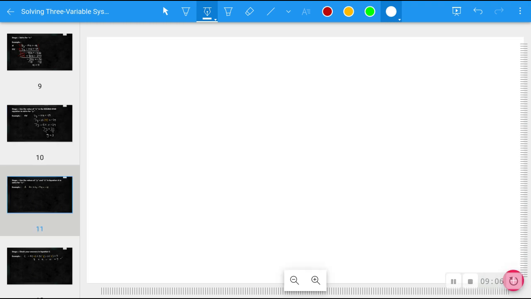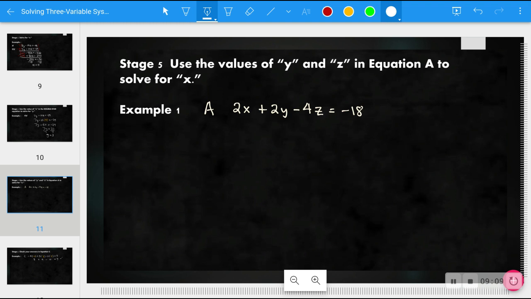So you take both of those pieces of information and plug it into equation A. And this should be enough for you to find the x value. So let me consolidate a little bit here.